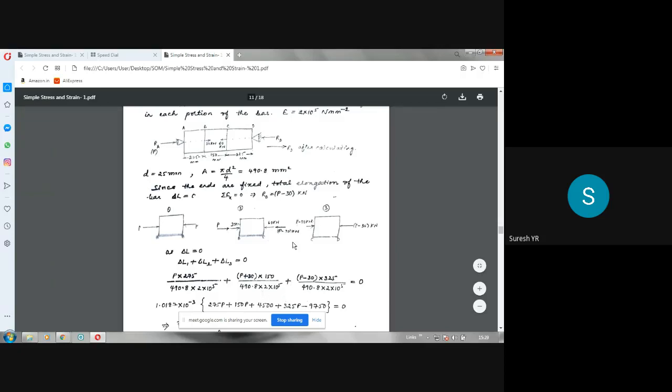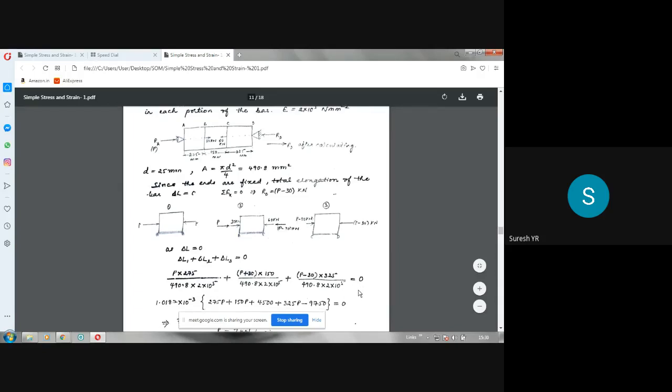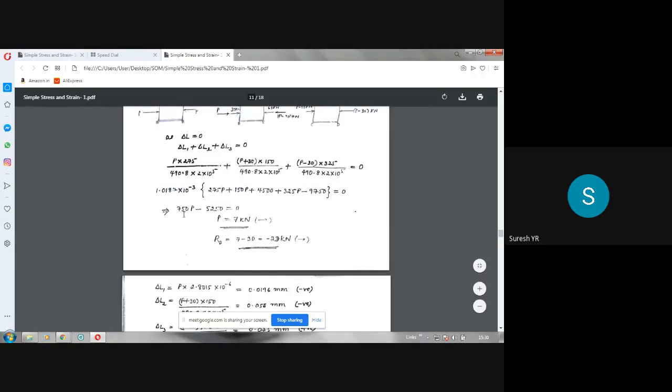Plus next delta L3 is whatever force is acting on this portion, which is P minus 30 into 325, the length of the bar, this portion 325 divided by area is same 490.8 into E value 2 into 10 power 5. So what I have done is I have used the formula PL by AE for all the three portions separately, and I have added and equated to 0. Now, by simplifying this, you can find out the value of P as 7 kilonewton.